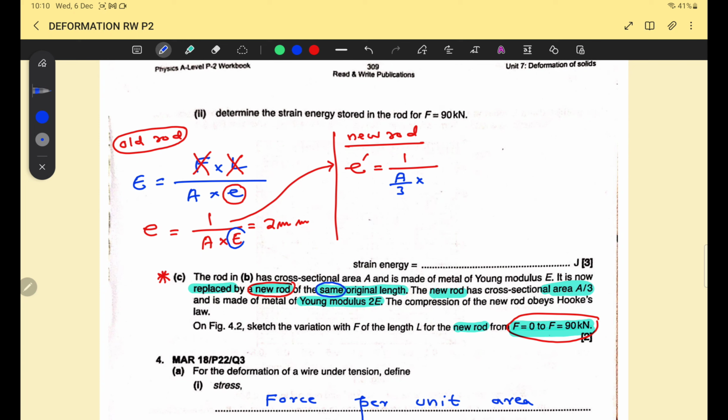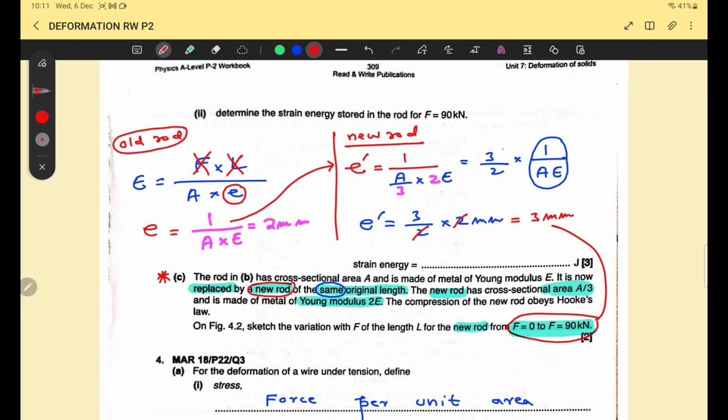So if you solve this, 3 and 2, it becomes 3 upon 2 times 1 upon AE. And do you know this 1 upon AE is equal to 2 millimeter? So I can replace this 1 upon AE as 2 millimeter. And when you cancel out 2 with 2, the answer becomes 3 millimeter.